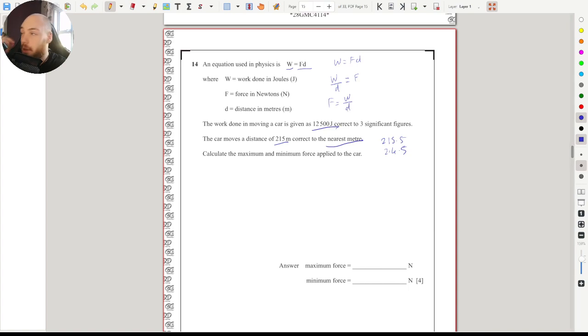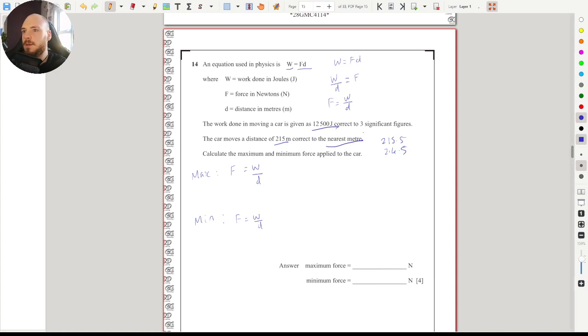Now let's think about it here. I'm gonna write max and I'm gonna write min, and then I'm gonna show you how I would think about working out the maximum. So force equals work done divided by distance.